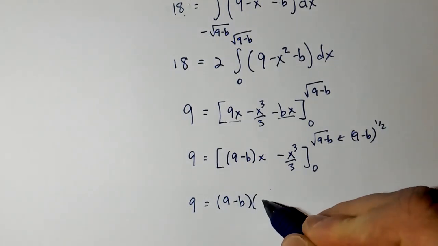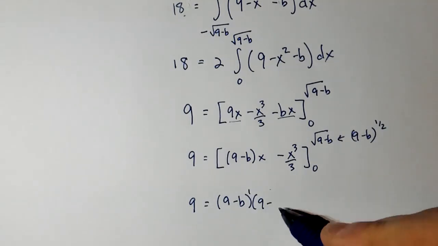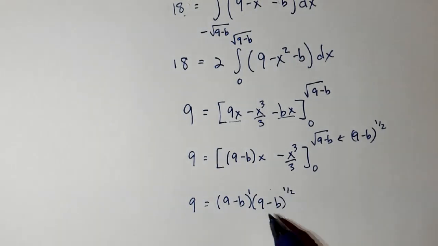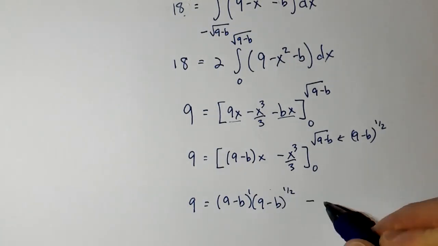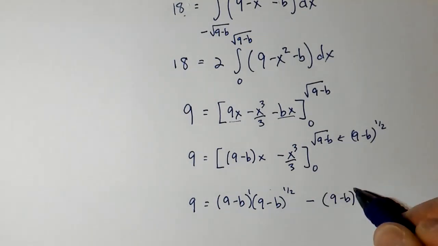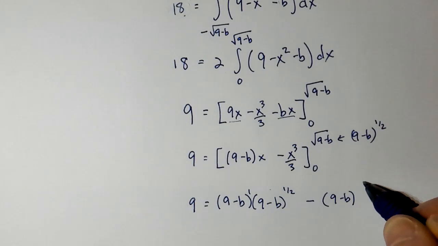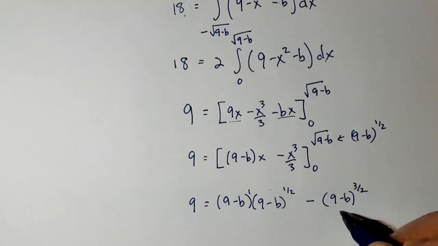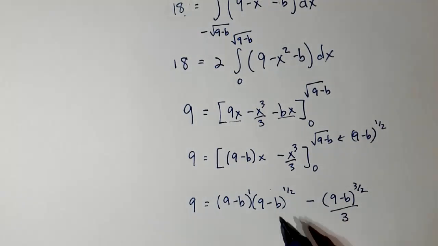So if I wanted to, I could just write it that way because this is to the first. This is going to be 9 minus b to the 1/2 here. Hey, like bases, what do you know? Minus the quantity 9 minus b to the 1/2 cubed. Well, if it's to the 1/2 cubed, isn't that the same as 3/2 all over 3?